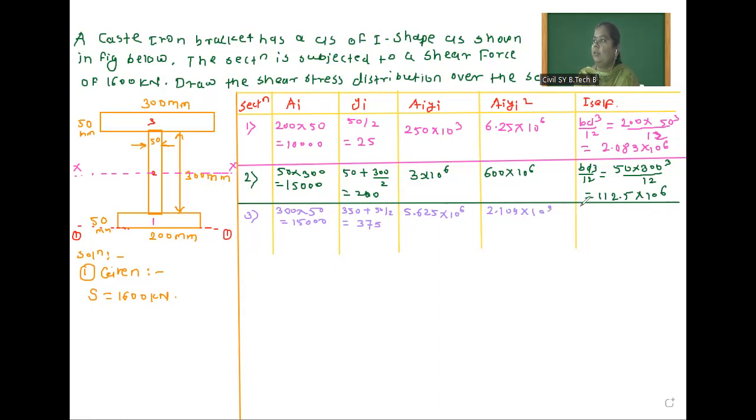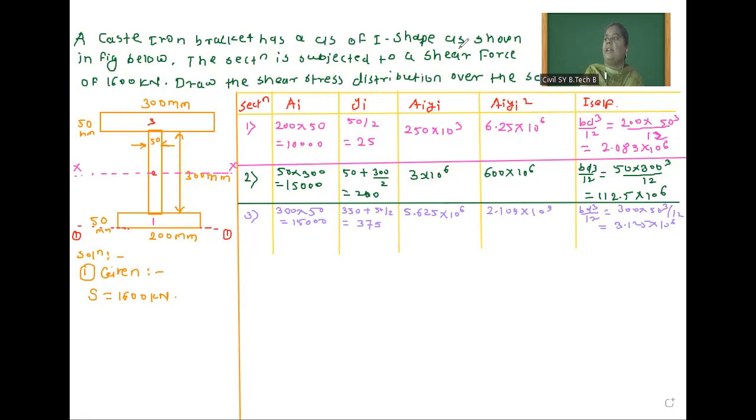After that, we will calculate moment of inertia by using BD cube upon 12. So width is 300 into depth 50 cube divided by 12, which is equal to how much? 3.125 into 10 to the power 6. Now calculations are over.